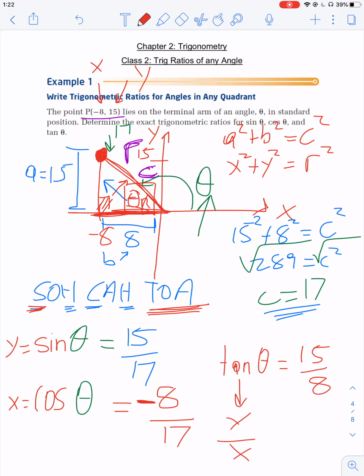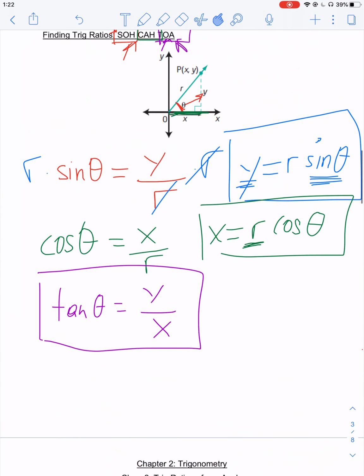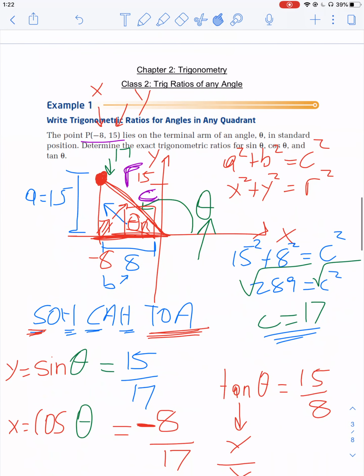Where is this coming from? Let's go back from here. So it's coming from here. Tan is equal to opposite over adjacent. If this is your angle, your opposite side will be y and your adjacent side will be x. So it's y over x.